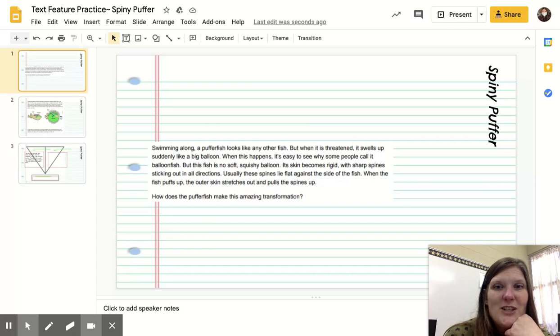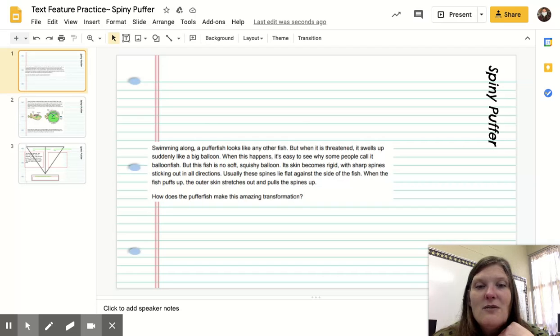But this fish is no soft, squishy balloon. Its skin becomes rigid with sharp spines sticking out in all directions. I didn't even put that on there, but I did see that in the picture. Usually these spines lie flat against the side of the fish. When the fish puffs up, the outer skin stretches out and pulls the spines up.